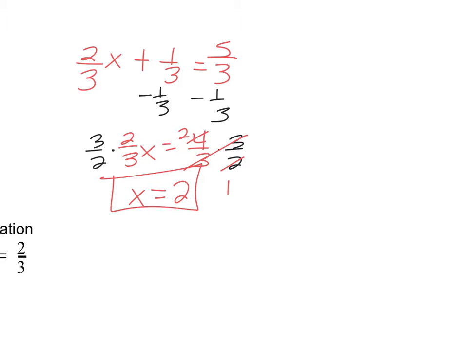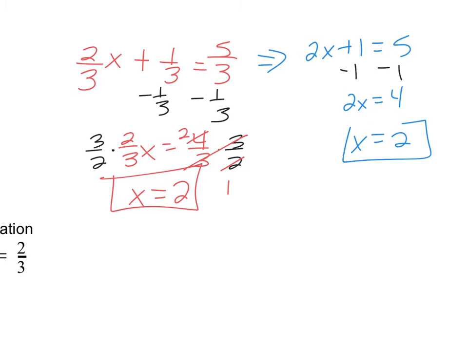So look what happens when I do the following. Since all of those numbers have a common denominator, 3, I could also write it like this. Just take off the denominators. So 2x plus 1 equals 5. Okay, then I would subtract 1, gives me 2x equals 4, divide by 2, and you can see you get the exact same answer.